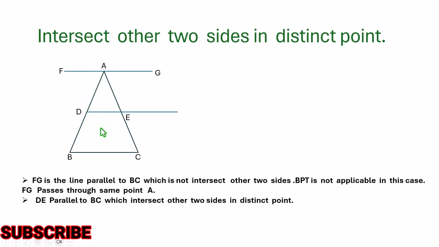But DE is parallel to BC, and DE intersects the other two sides in distinct points, but FG passes through the same point.